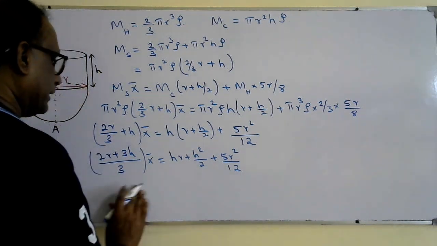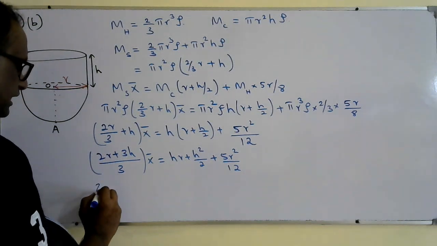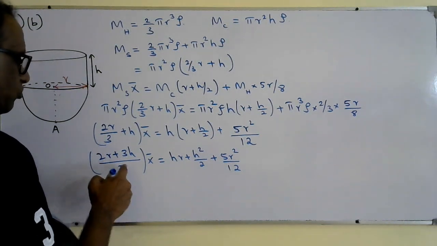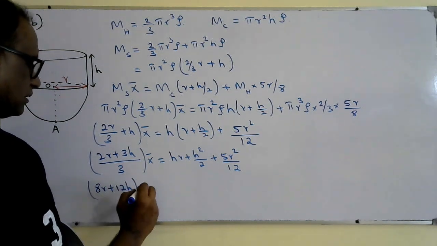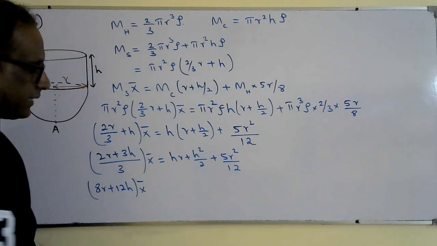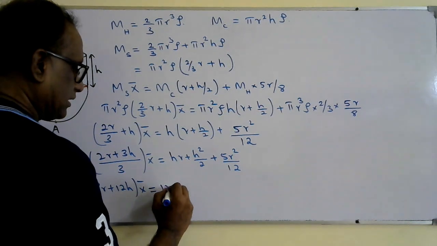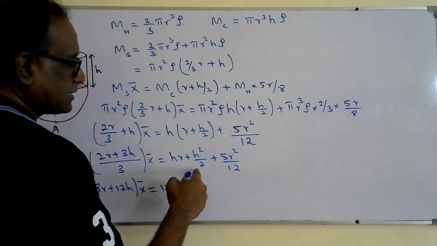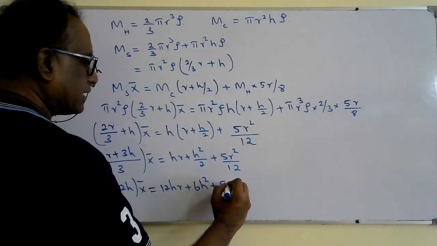Yeah, better to multiply by 12. So 4 into 2, 8r, 4 into 3, 12h, x bar, equal to 12 hr plus 6h squared plus 5r squared.